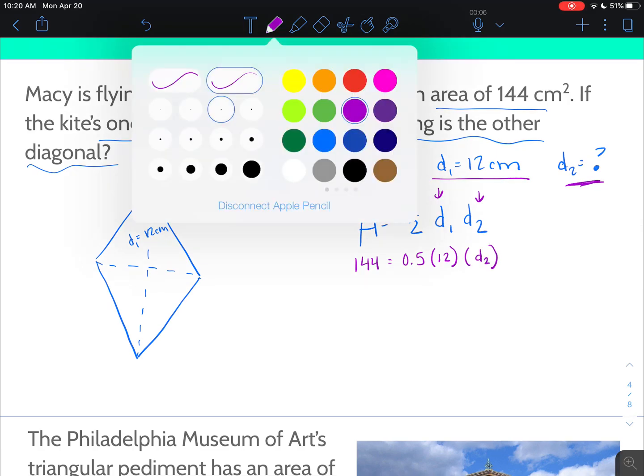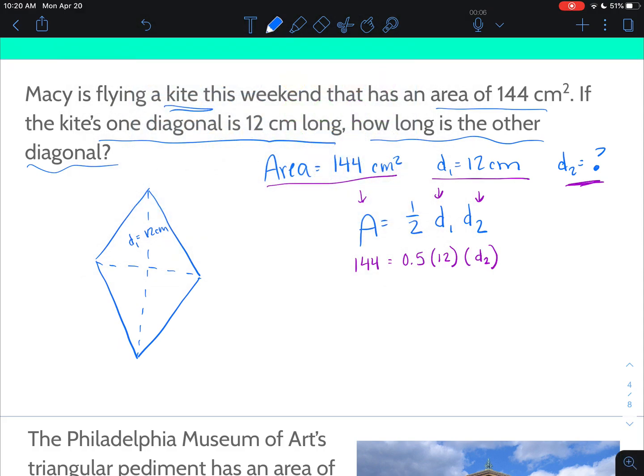Okay, at this point, you want to simplify anything you can before you treat the equation like a scale. I like to look at the two sides separately to see if I can simplify anything. The left side is just 144. I can't do anything on that side, so I'm just going to bring it down.